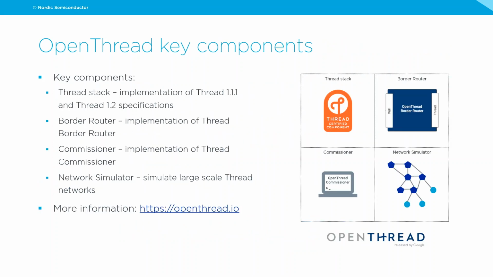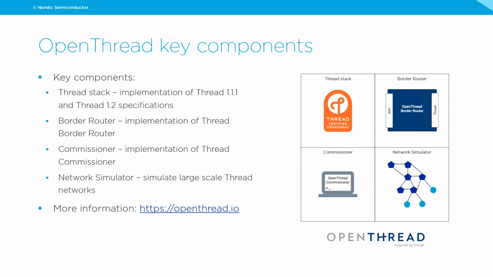The Thread stack is a complete and optimized implementation of the Thread specification in version 1.1.1, which allows you basically to create all possible device types. So whether you want to manufacture an end device, router, or border router, this is just a simple configuration change.